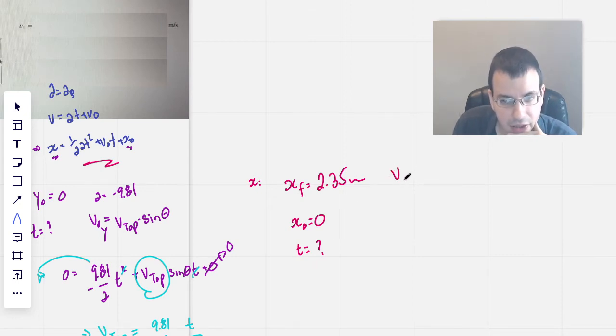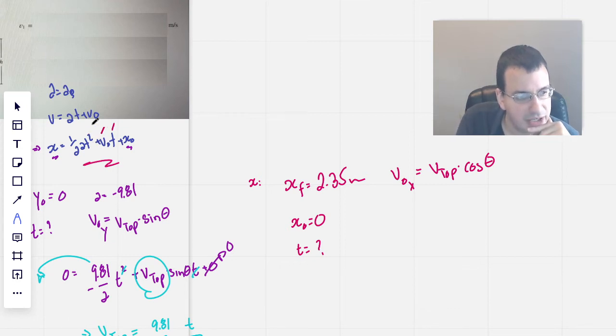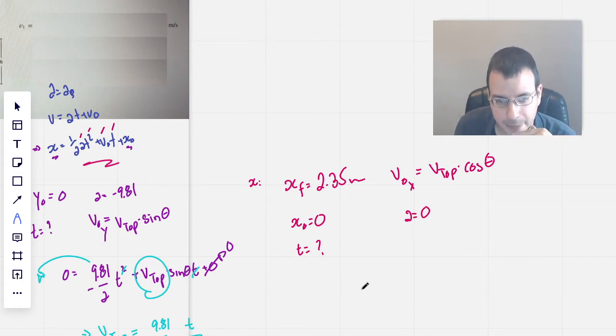V initial in the x direction is going to be V top times cosine of theta. Let's see, so we have T, we have V naught, we have a T squared, and a equals 0. Okay, so x final equals, going to get rid of the acceleration portion because that's 0 acceleration in the x direction.